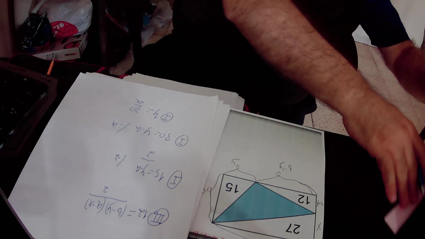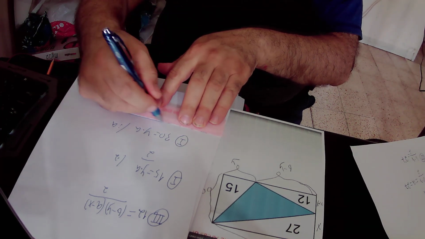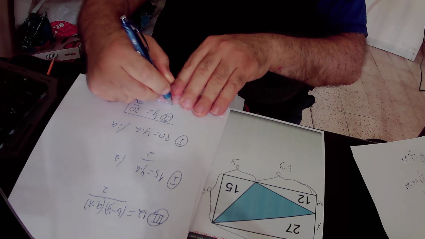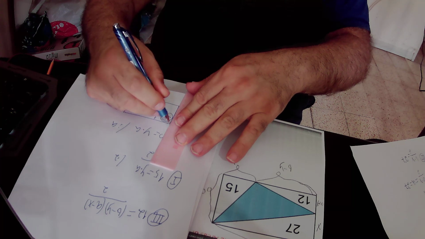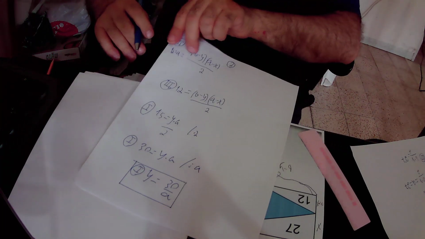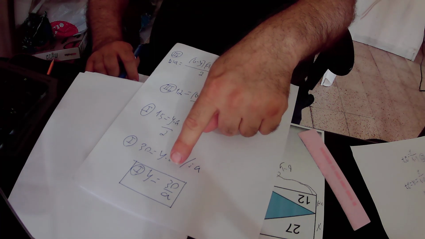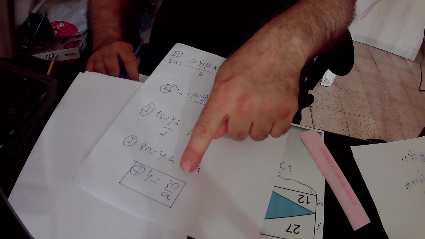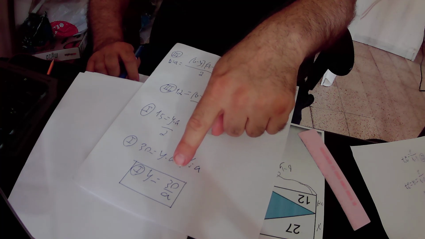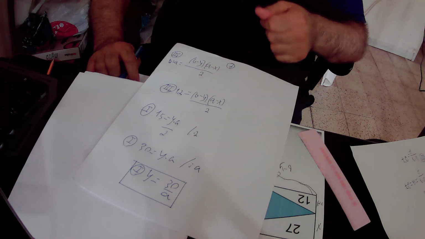Okay? So we took y out of the equation, and we have an equation that says y equals 30 over a.